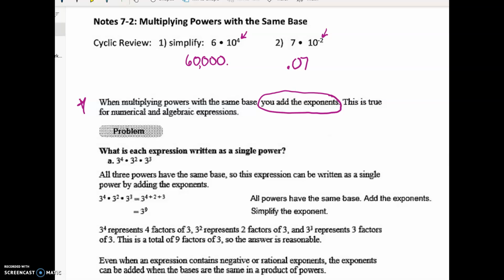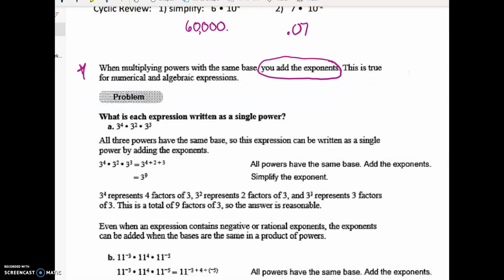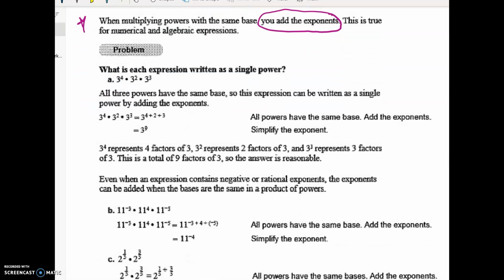So the base refers to the number that is with the exponent. So in this first example here, 3 would be considered our base. They all have the same base of 3, so that means we can simply just add our exponents together. So that's what we do right here.